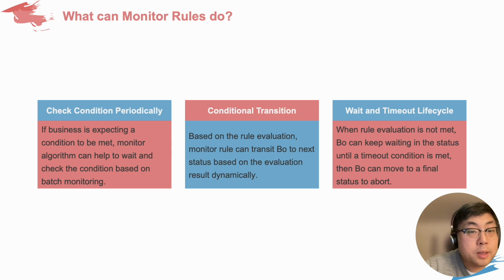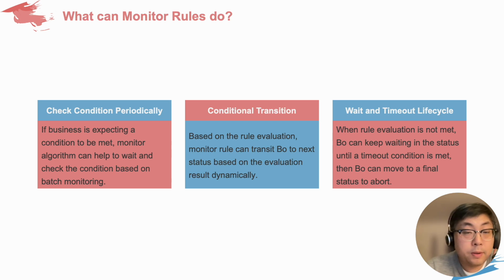Second one is the conditional transition. Let's say you are evaluating a condition, say if this process has been completed, if you're checking against another process. If it's true, you will move on to a state.